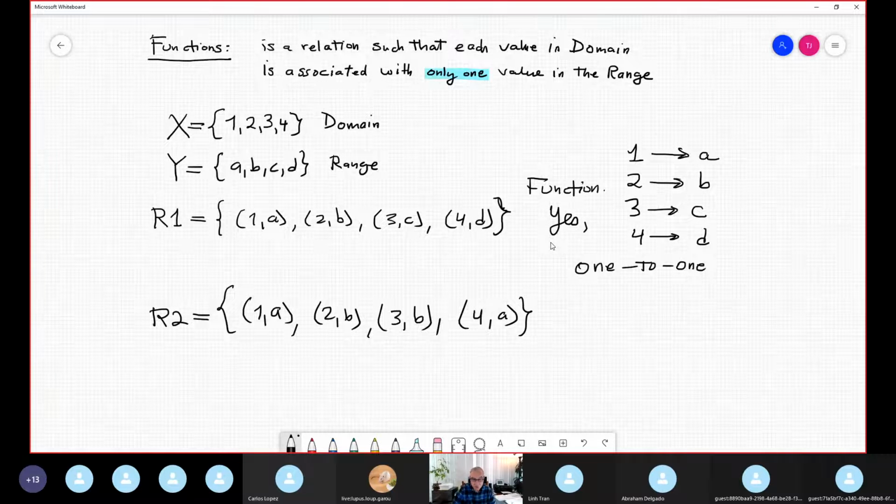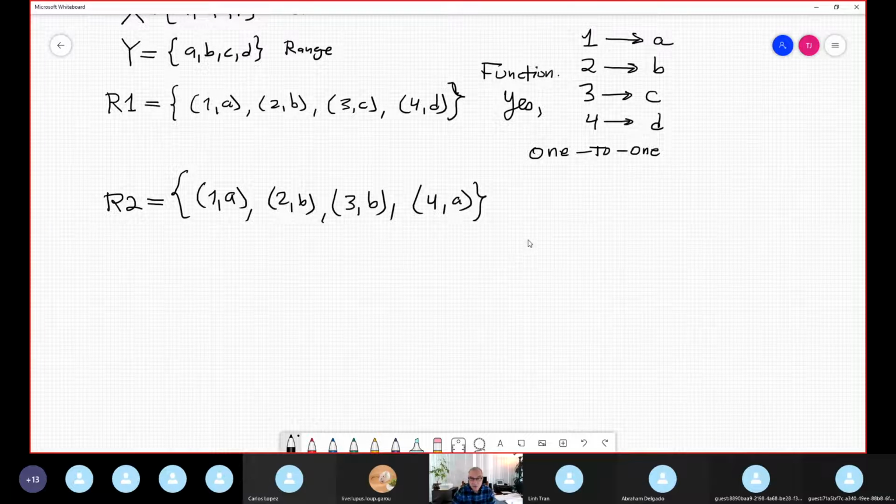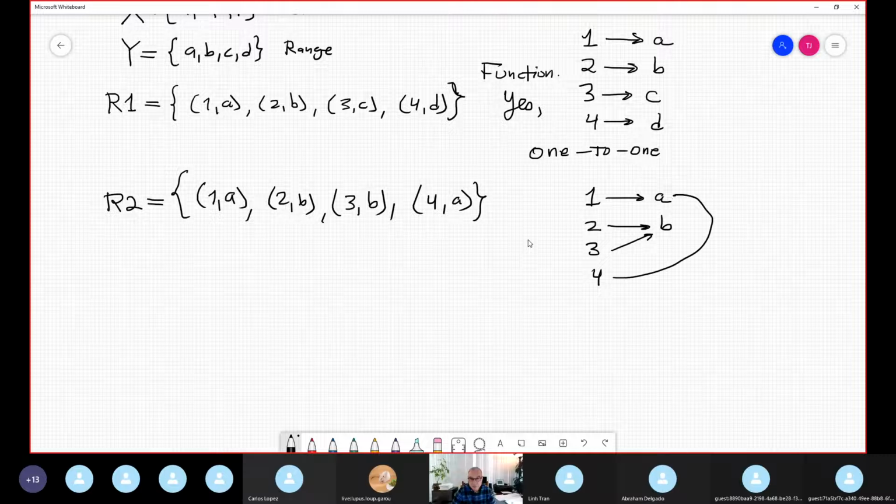I want to analyze whether it's a function or not. To understand this, I create this representation: 1 is associated with A, 2 is associated with B, 3 is associated with B again, and 4 is associated with A. What do you think?